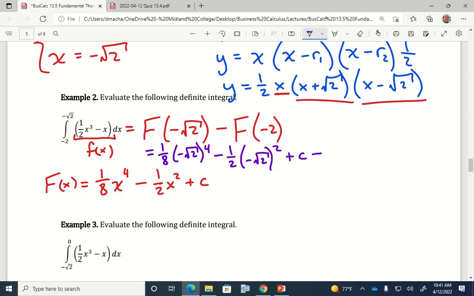And then I'm going to subtract that same antiderivative if I evaluate it at negative 2. So I'm going to subtract 1/8 times negative 2 to the 4th power minus 1/2 times negative 2 squared plus c.